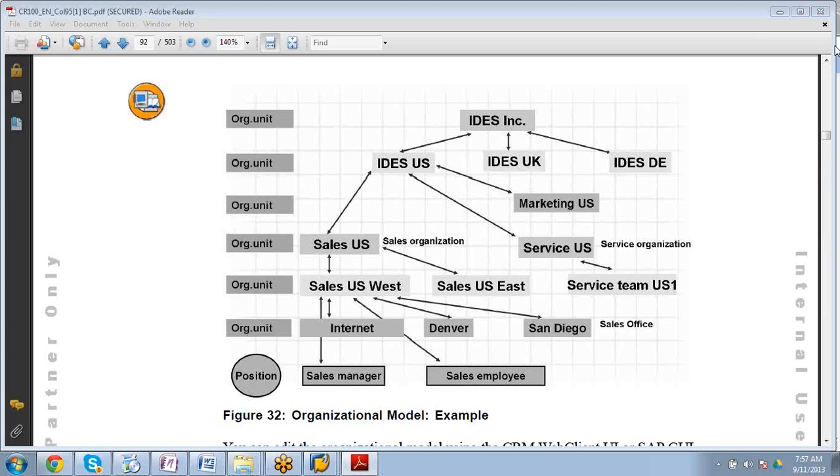When a call enters a call center, a customer calls, maybe through an internet channel, or through a regular sales US West, through Denver, or through the San Diego sales office. I don't know which one this customer belongs to, because every call which comes to the call center may belong to many sales offices.